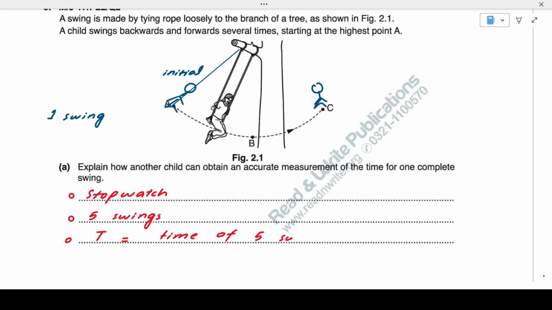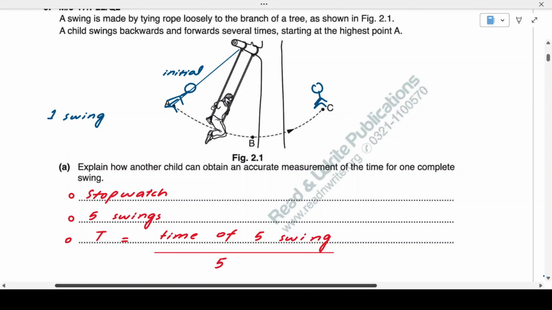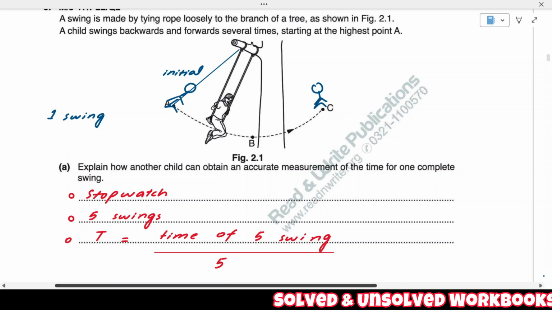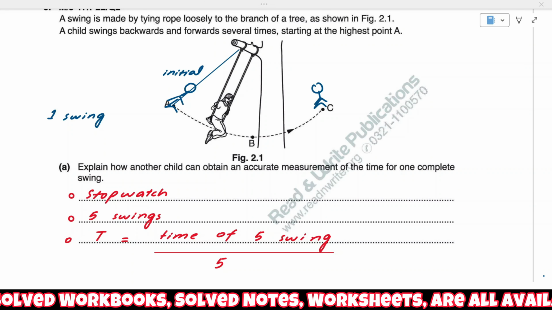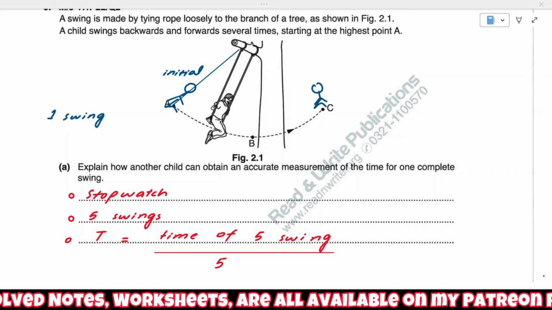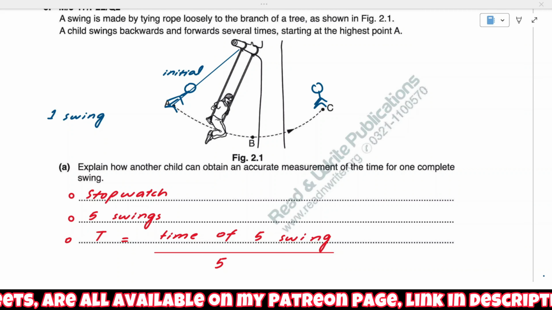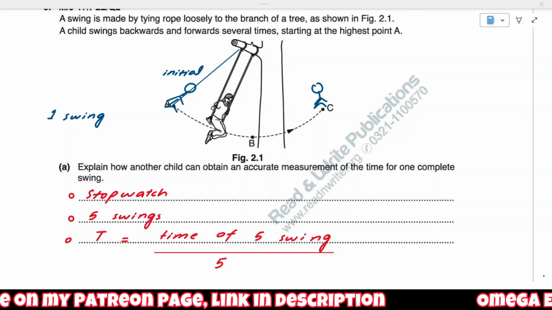Can someone tell me what is the reason for not finding the time of one swing directly and rather going with the time of 5 swings? So the more the number of swings, I mean 5 is just for reference, it could have been 10 swings also. The more the number of oscillations, there is less uncertainty or less error.